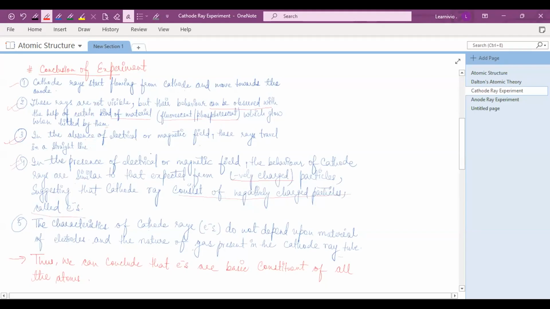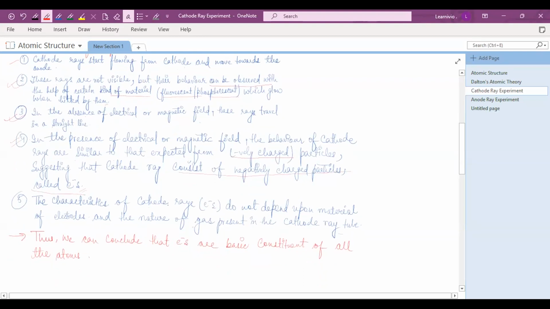And what is the other name for electrons? Electrons are known as cathode rays, and anode rays are known as canal rays. Remember that.